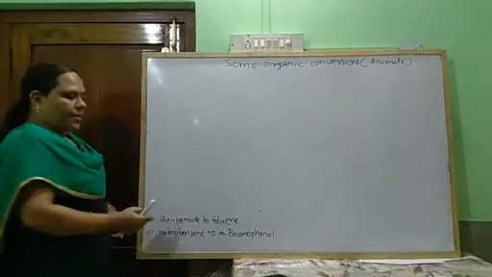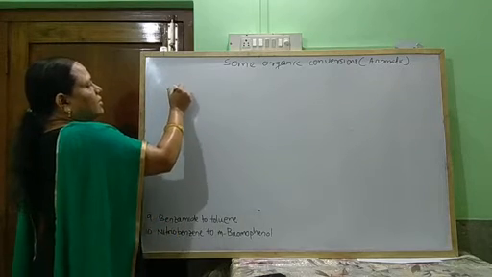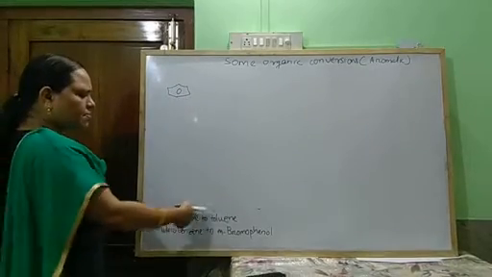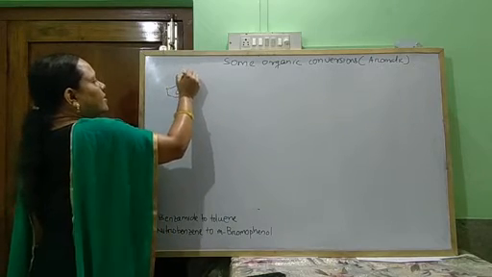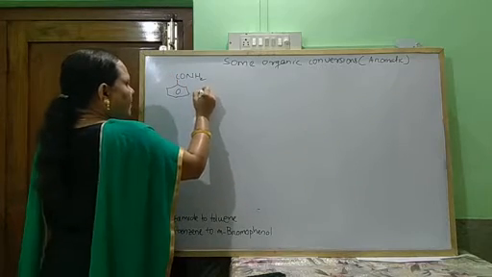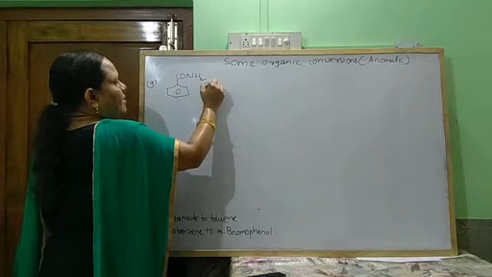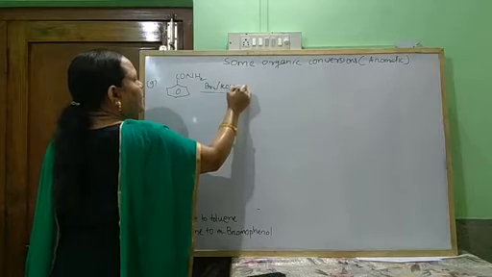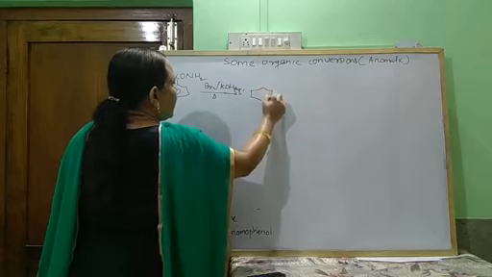Next come to question number 9. Benzamide to toluene. There are different methods by which you can prepare toluene from benzamide. Look here. This is benzamide. Benzamide, when first treated with bromine and aqueous potassium hydroxide and warmed, forms aniline.